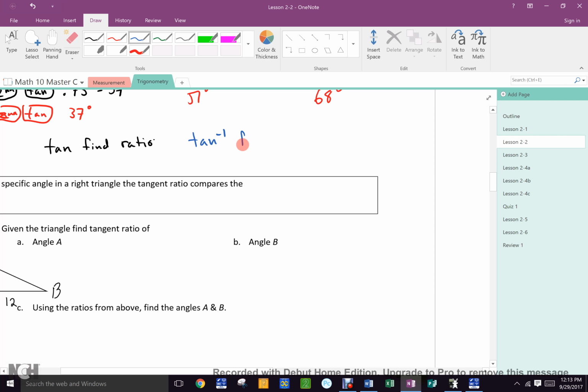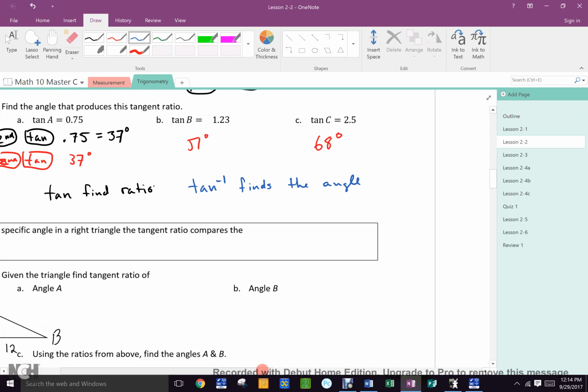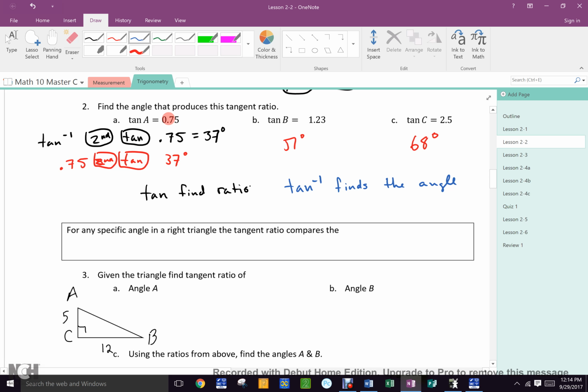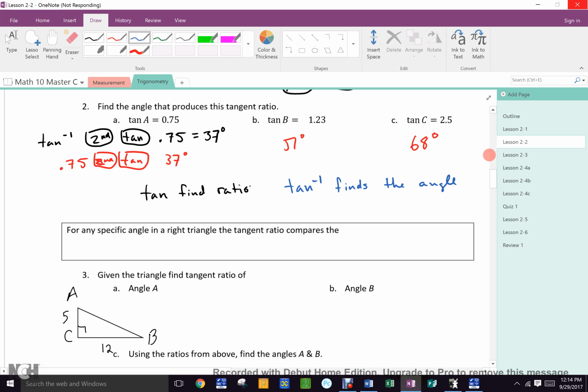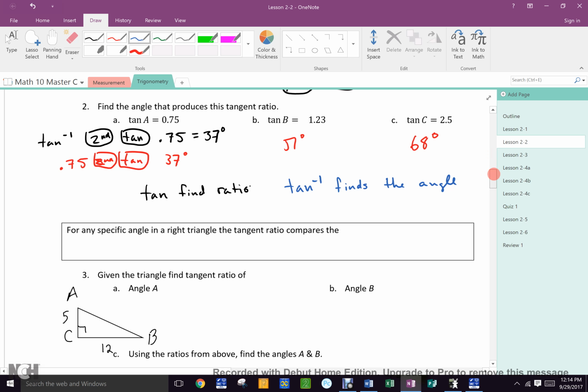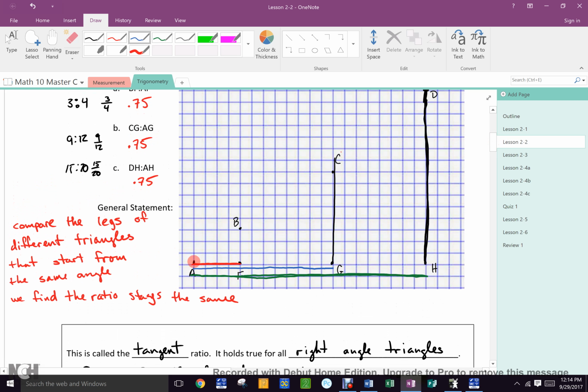Shift tan finds the angle. Does everybody get it? Yes, sir. Okay. Now, you guys are smart kids. If my ratio was 0.75 and that got me an angle of 37, how big was angle A in our very first question? 37 degrees. Because the ratio was 0.75. Does everybody get it? Yes.